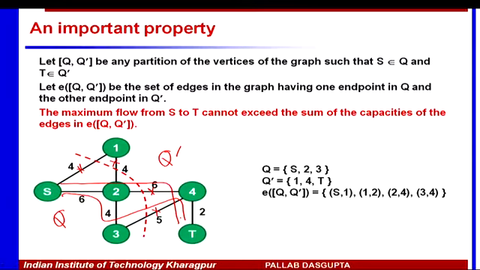No. Why not? Because the link from 4 to T can only handle 2. So, when I am looking at the total flow from S to T, I am trying to figure out what is the maximum that I can push along various paths.